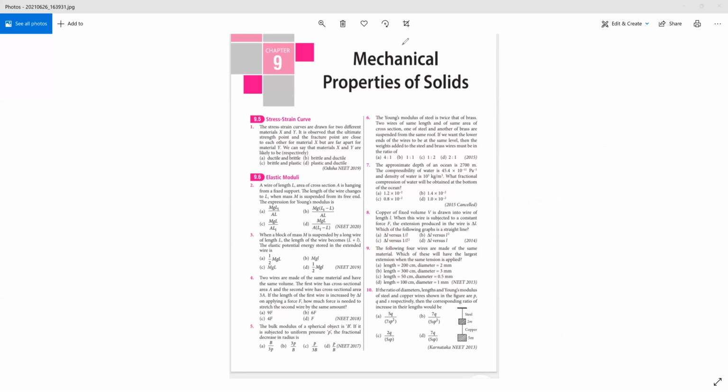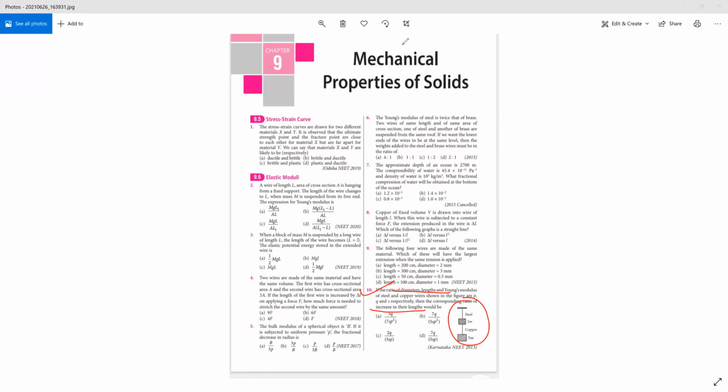Next, 10th one. If the ratio of diameter, length and Young's modulus of steel and copper wire that is already shown in the diagram, P, Q, S respectively, corresponding ratio of increase in their length would be.